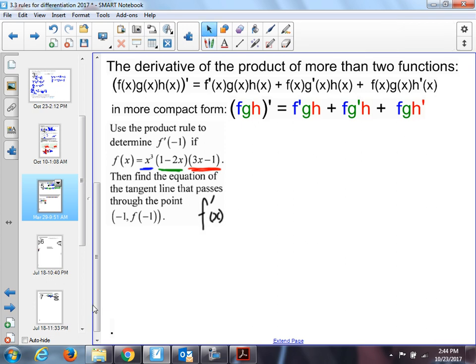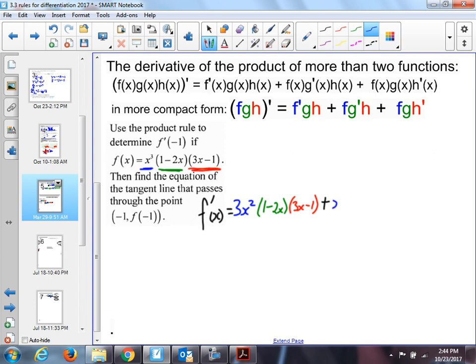I'm applying this rule, which is derivative of the first thing, so 3x squared. Leave the other things alone, meaning 1 minus 2x, 3x minus 1. Left them alone. The addition sign is built into the equation. Now, I leave the first thing alone, so it's x cubed. Derivative of the second thing, I could see when I run out of space.